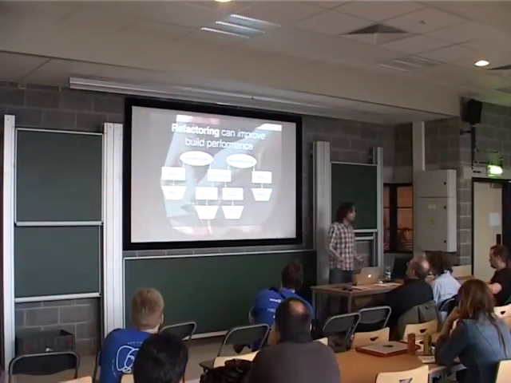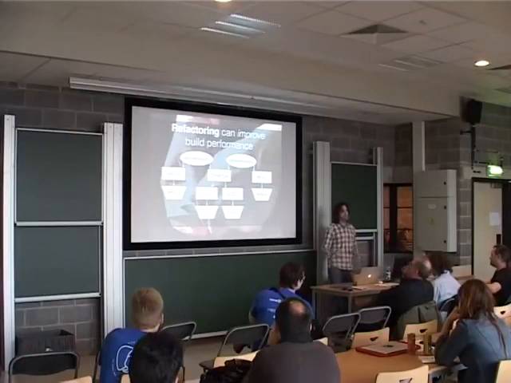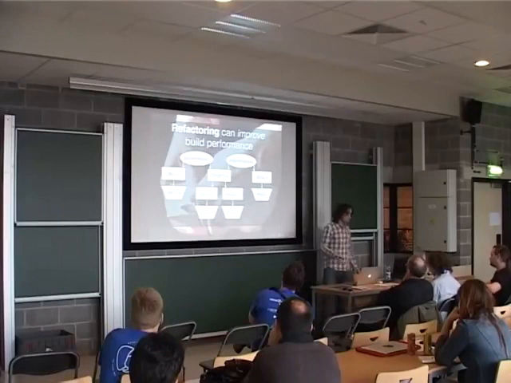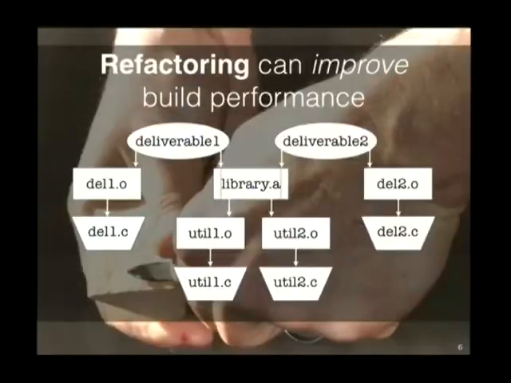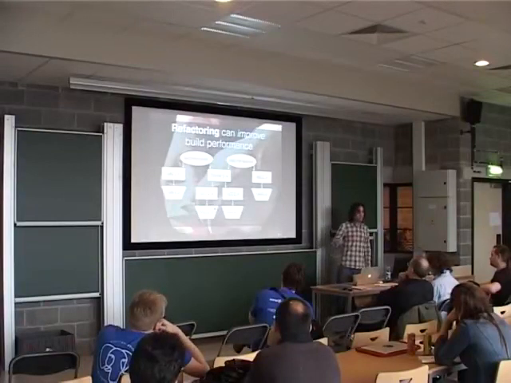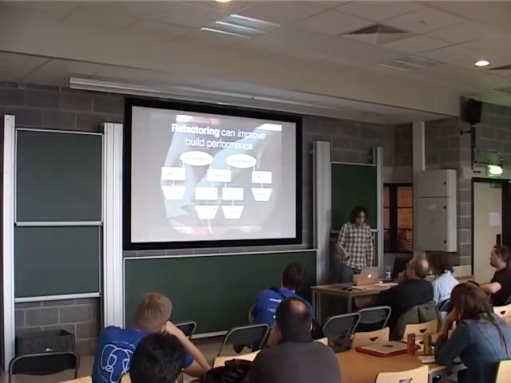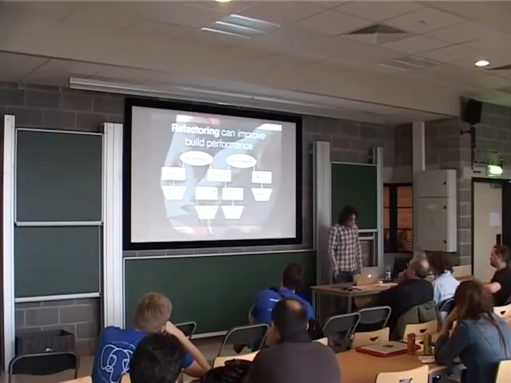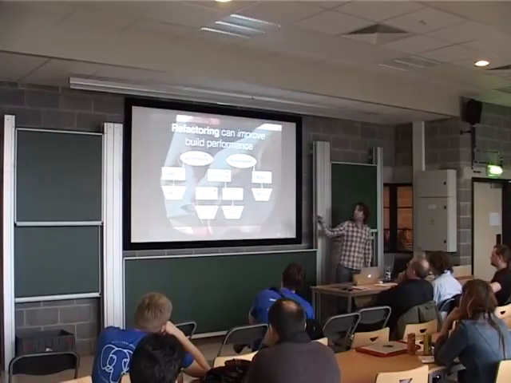So what can people do to address build performance in the wild? Refactoring is a common technique. So if we imagine that we have a 4-file system, a very simple system made up of 4 C files, and we notice that this particular file, when we change it, takes a while to reintegrate, because first we need to recompile this object file, then re-archive it, and then it gets linked into 2 deliverables.